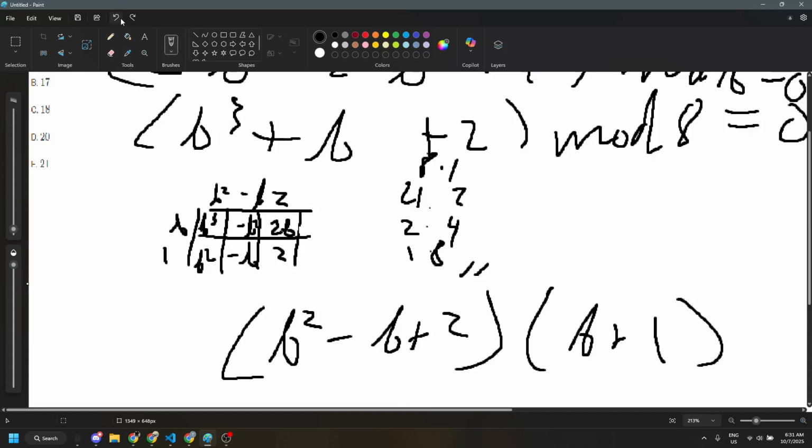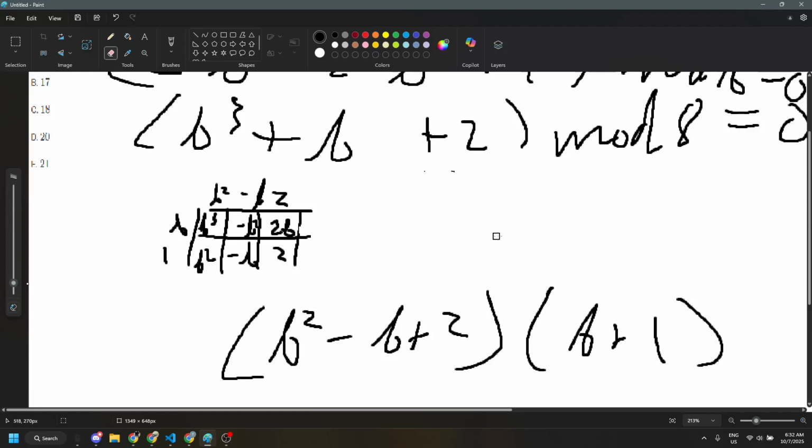I wrote this wrong. This just has to be divisible by 8. It isn't going to equal 8.